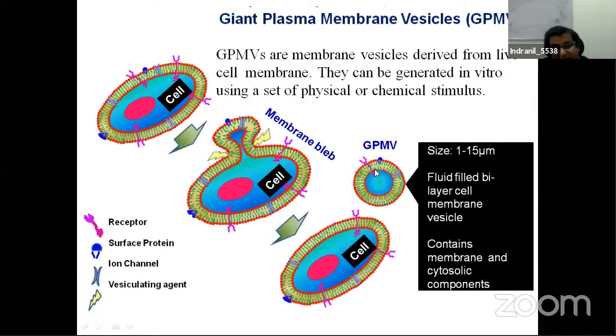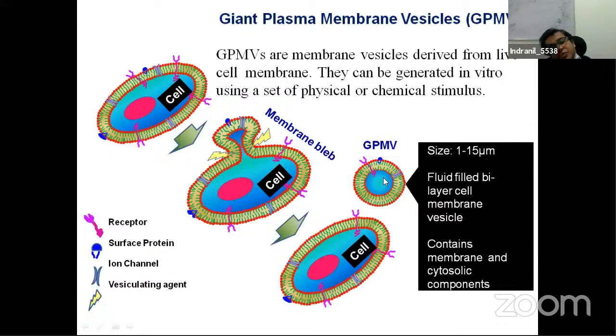With this, the question comes: can this kind of membrane vesicle be utilized for drug delivery or as a cargo? When we talk about its use as a cargo, we need to think in two ways. One is, what is actually inside? This particular portion, as we said, is fluid filled, so what is the fluid?